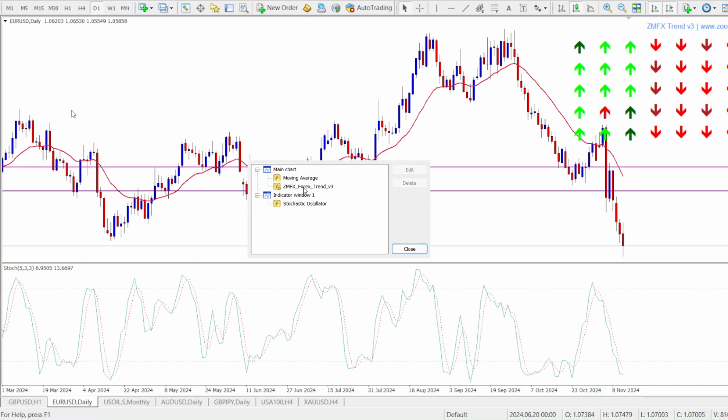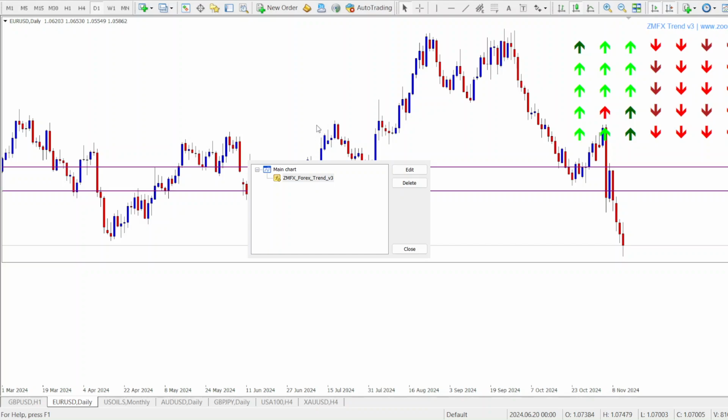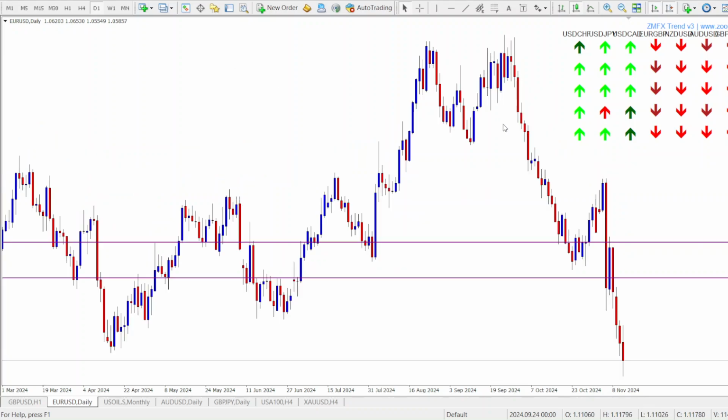Let me set the color to black so that I can see this properly. So the moving averages for the EUR/USD is strongly bullish.